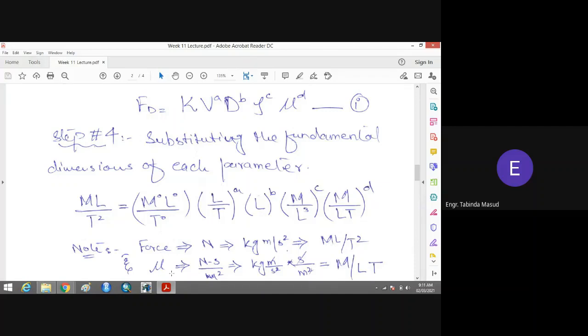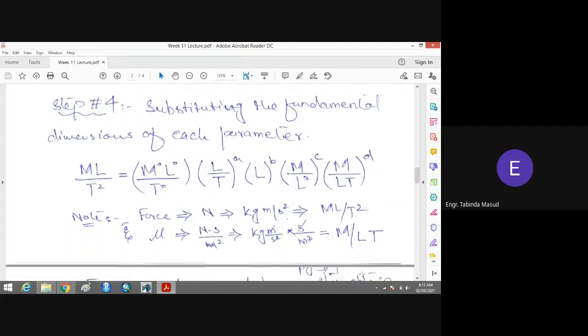Similarly, for viscosity, we know that its unit is Newton second per square meter, which is kg per meter second. Simplifying, we get the fundamental dimension M divided by L T.